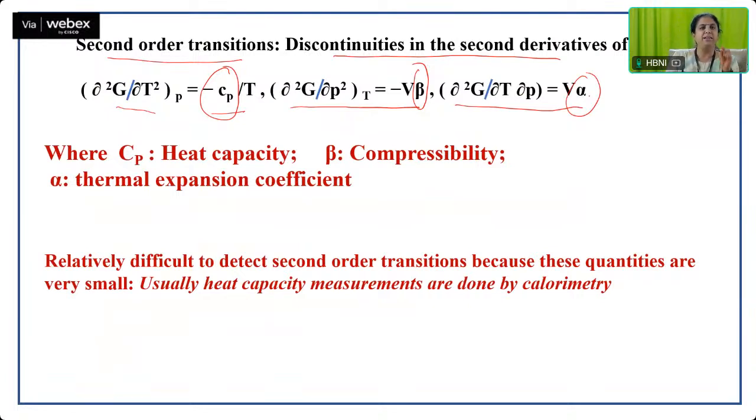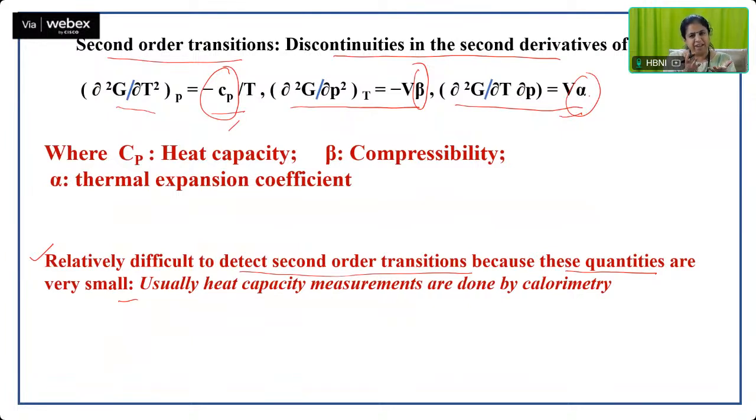Okay, sorry, we are measuring these quantities. So the fact that these are very small quantities, when you try to measure Cp or thermal expansion coefficient, it becomes relatively difficult. So it is relatively difficult to detect second order transition because the quantities are very small. Okay. So in other words, if I talk in a very physical sense, what does it mean?